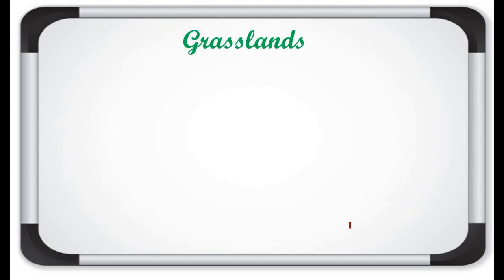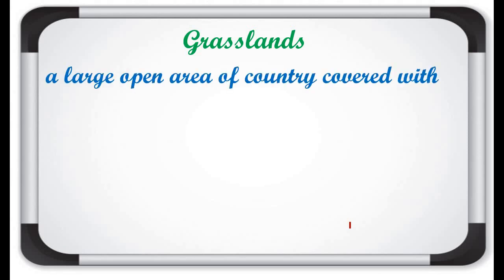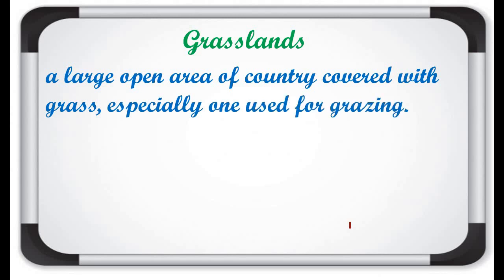Yes friends, grasslands. What do you mean by grasslands? Actually, a large open area of the country which is covered with grass, especially one used for grazing, is known as grassland. And this vegetation, grasslands, is found in the areas which have moderate to low rainfall.